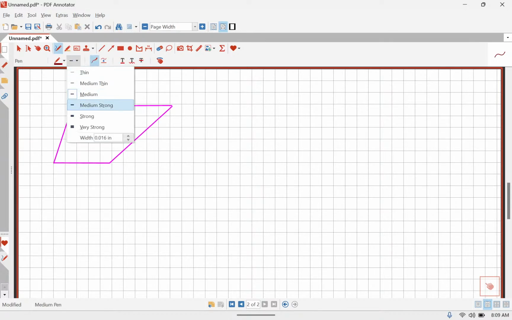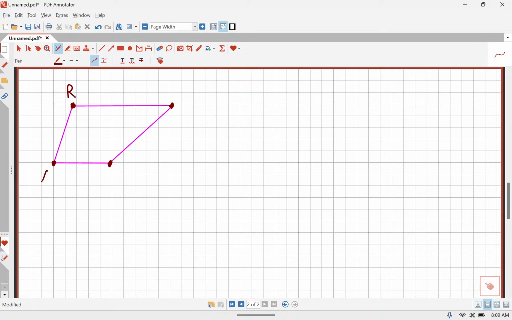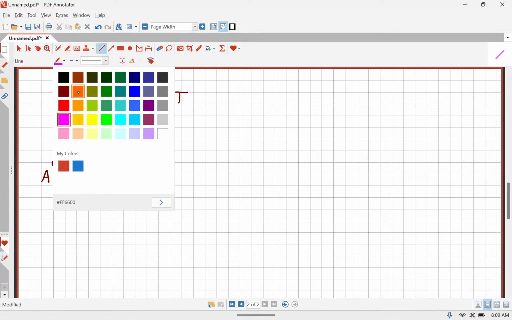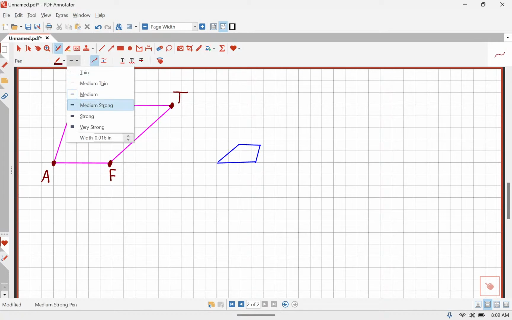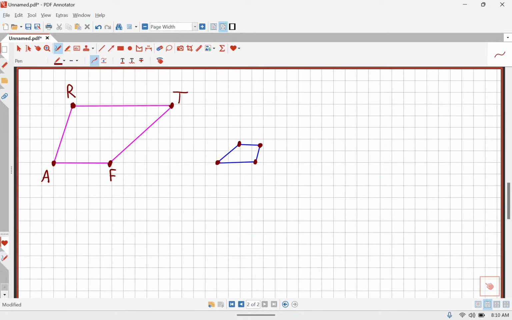Okay, and that's going to be RAFT, and then this other one over here is going to be something like this. WIND.